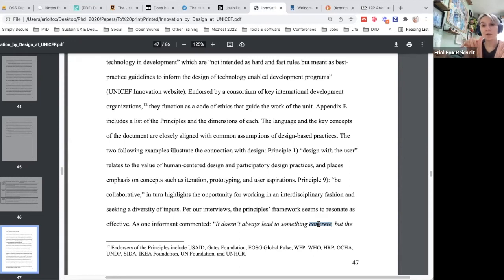There just doesn't seem to be a method for that inquiry to be captured as concrete, or worded as concrete, or valued. So one of the key things here is understanding how things designed within open source can be made more concrete within humanitarian software.